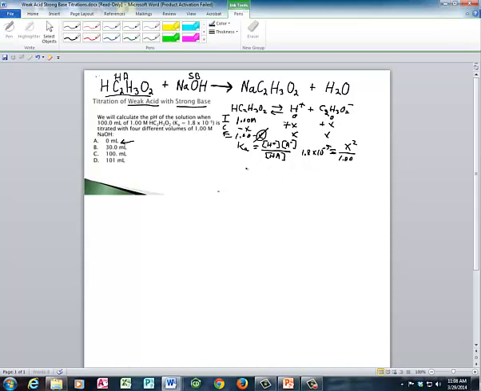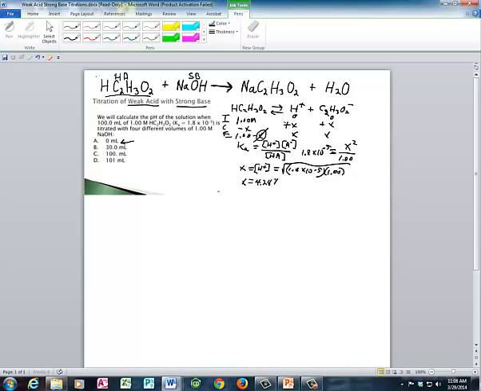Solve for X, and when I solve for X, I wind up calculating the hydrogen ion concentration, which is simply equal to the square root of the Ka, which is 1.8 times 10 to the minus 5 times 1, and when I solve that, I get an X value that's equal to 4.24 times 10 to the minus 3.